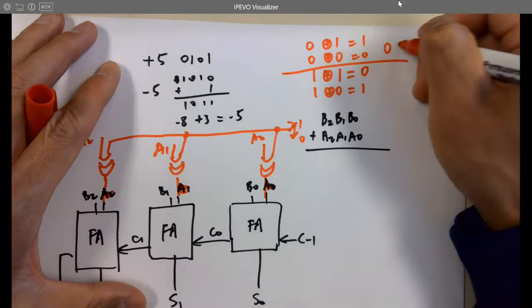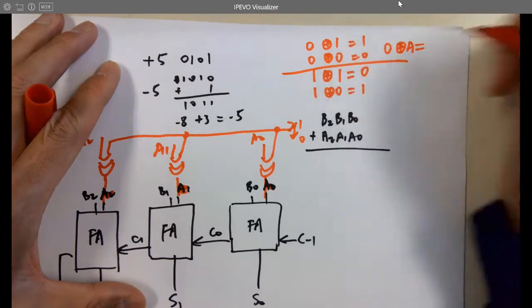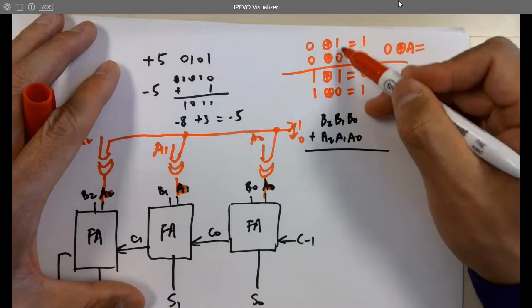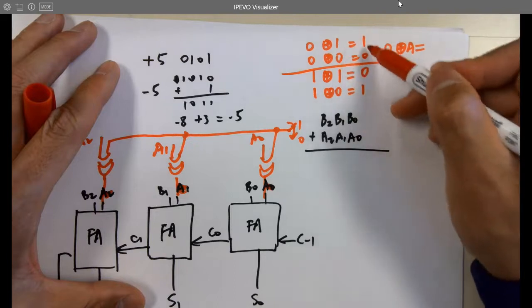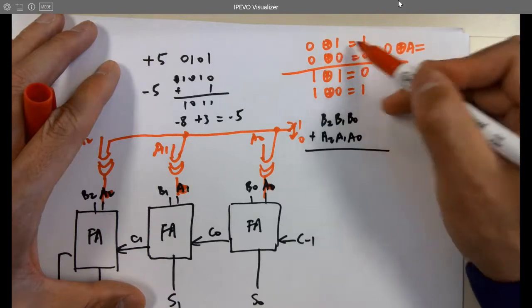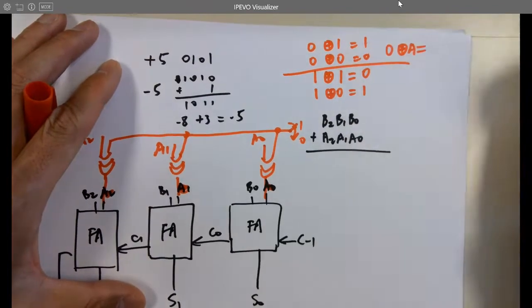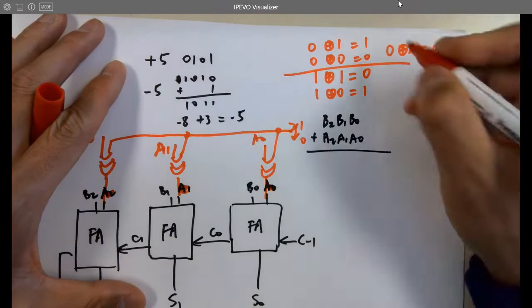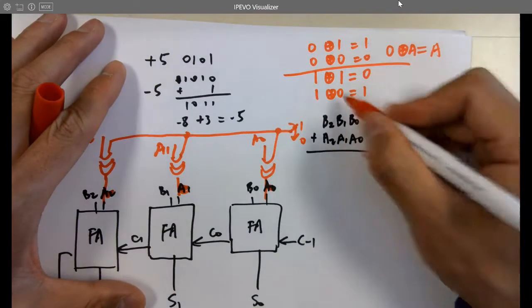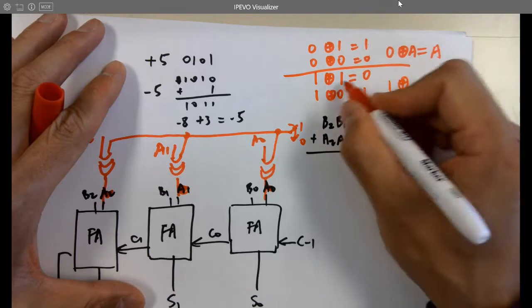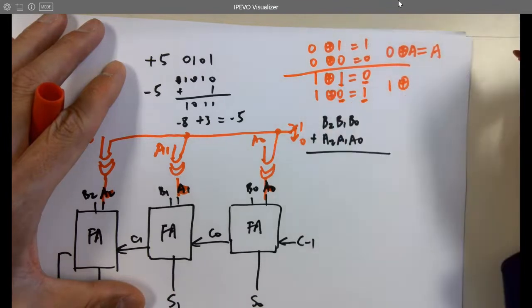So 0 XOR A is what? 0 XOR 1 is 1. 0 XOR 0 is 0. 0 XOR A is A. And 1 XOR A? Toggle, right?